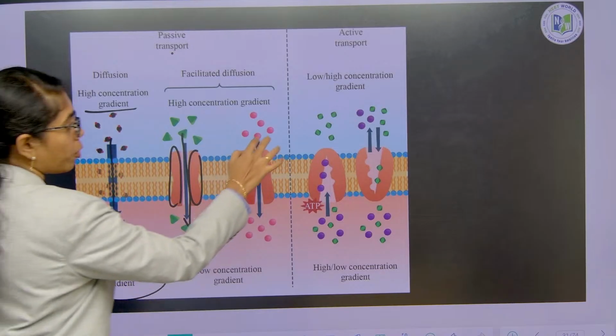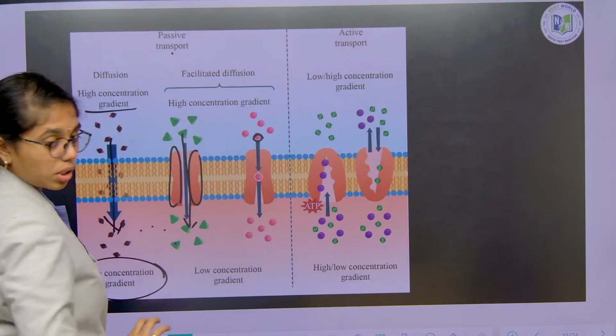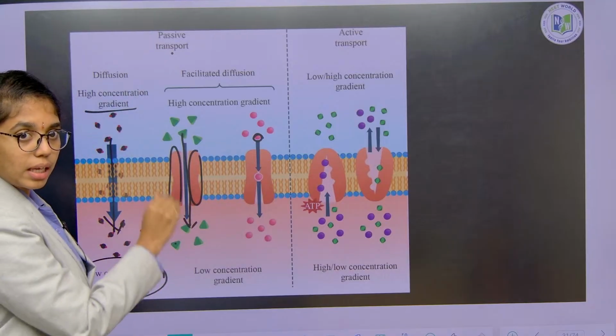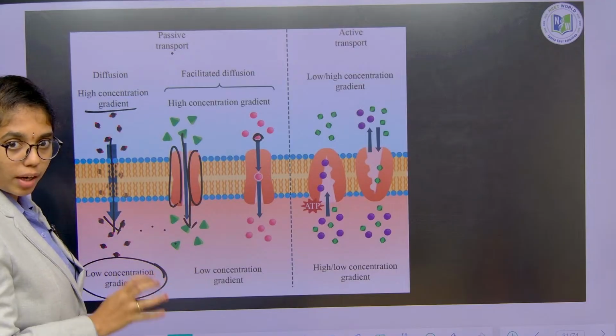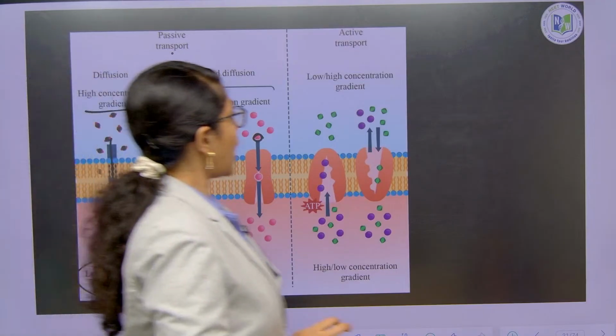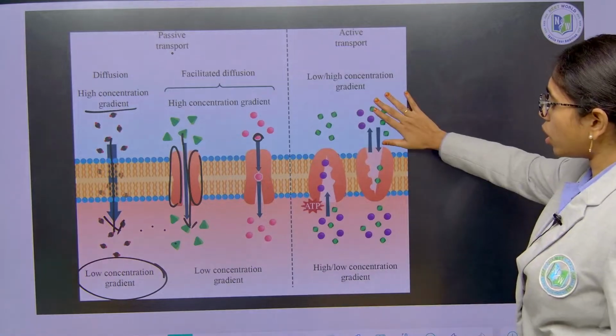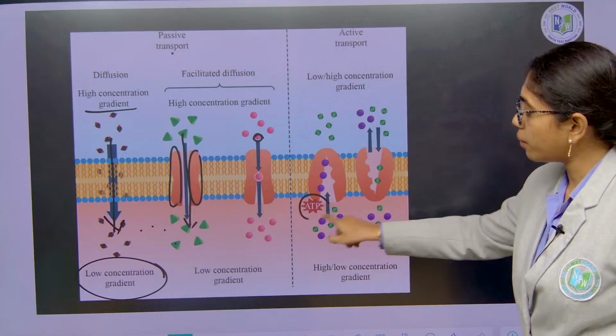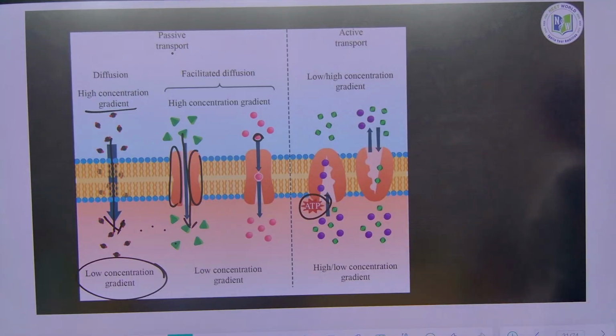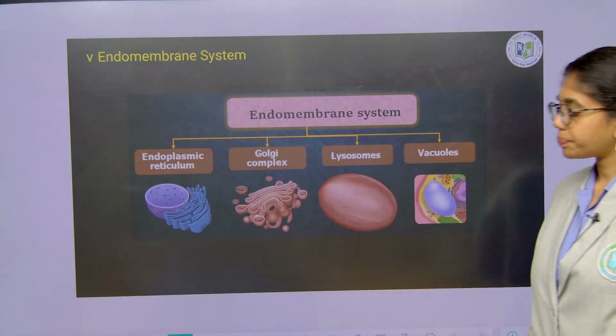Carrier proteins and channel proteins, from high to low concentration again. This does not require any energy, but it requires proteins, channel or carrier proteins. Then active transport from low concentration to high, which requires what? ATP. Clear?